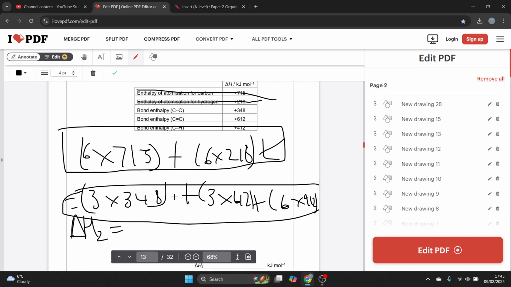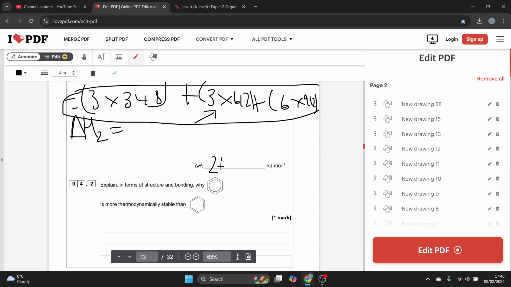So 3 times 348 plus 3 times 612 plus 6 times 412, 5352, is this. This bit, 6 times 715 plus 6 times 218, 5598. 5598 minus 5352, 246.